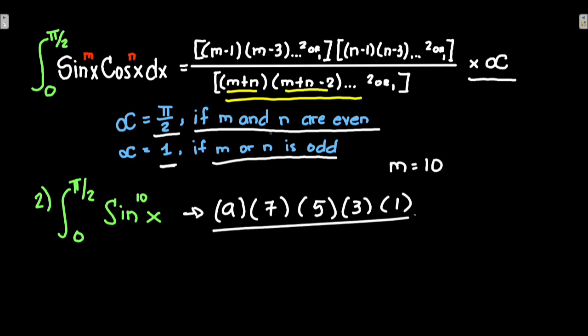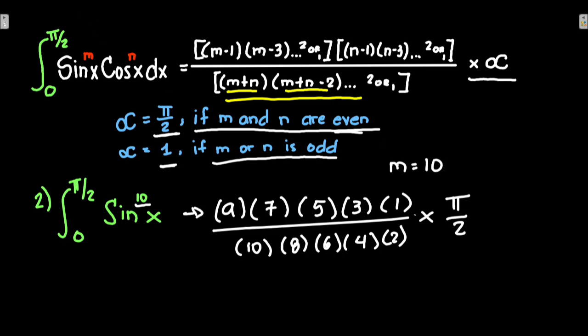Divide this by m plus n, but since there is no n, it would be simply m, which is 10, minus 2, it would be 8, minus 2 again, it would be 6, 4, 2. And multiply this by either pi over 2 or 1. But since 10 here is an even number, we will use pi over 2. So it would be multiplied by pi over 2.